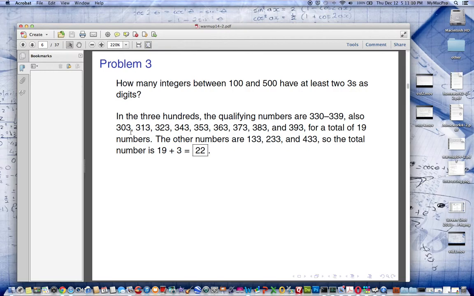And then 303 with the first and last digit 3, these are 10. But 333 we already counted, so there are 9 here. So that's why there is 19, not 20. The other numbers are 133, 233 up to 433. They're not counting 333 again because 333 was counted here. So there are 3. So 19 plus 3, 22.